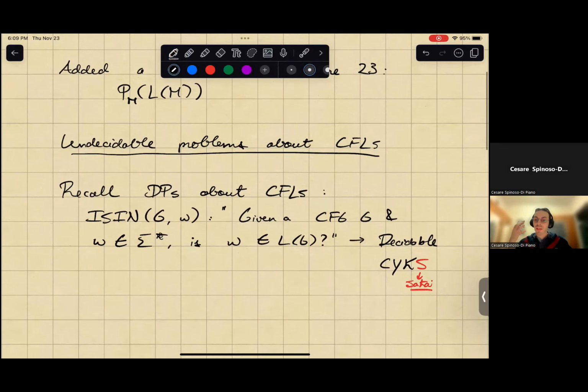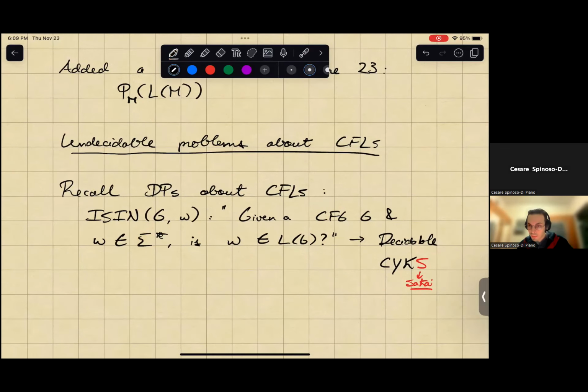Okay, but this is an efficiently decidable decision problem because the CYK algorithm, it can be shown, runs in cubic time. And then there's another decision problem about context-free languages which is decidable. And we also saw that in class. It's the emptiness problem. So the empty CF decision problem, where, again, it's a question about a context-free language, but it's parameterized by a context-free grammar.